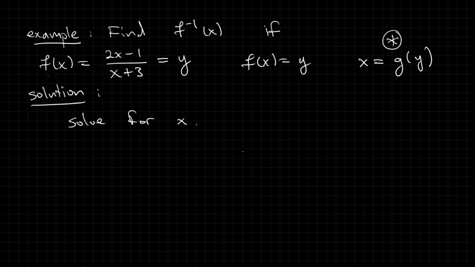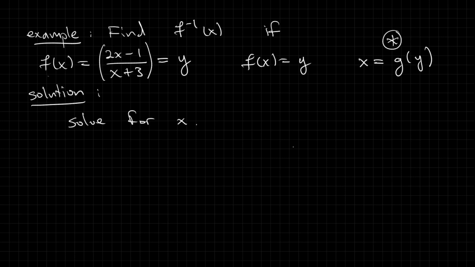So we'll go ahead and solve for x, and I would like to remark that frequently this is the most challenging part of the problem, especially when you have something on the left-hand side that looks like what I've put in parentheses. So in order to solve this, 2x minus 1 over x plus 3 equals y, there are a few steps to follow.